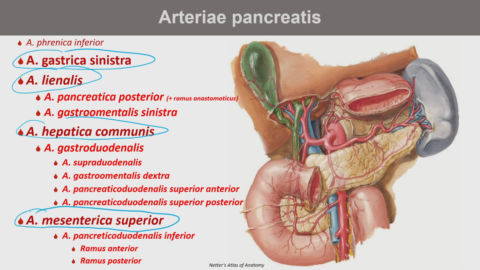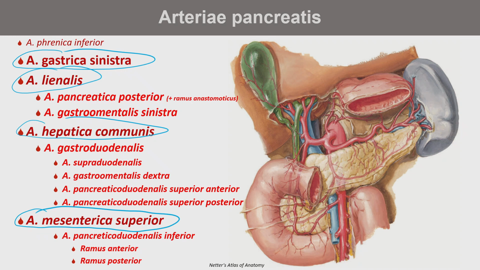I have said that it's very important to know that we have some equal possibilities to supply some organs. So the pancreas is typically equally supplied by the superior mesenteric artery and the truncus celiacus.